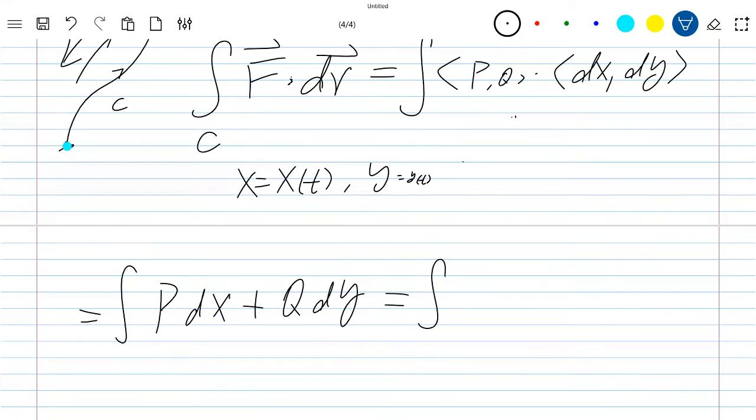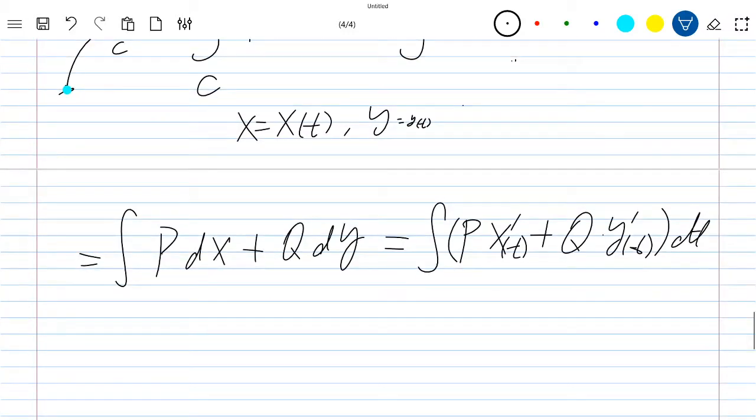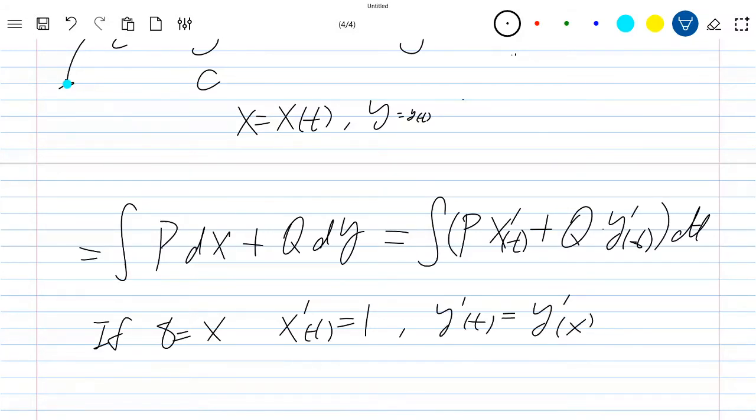You have to change it to P times x'(t) plus Q times y'(t), and then integrate over t, your parameter. In the special case that t is just x, then x'(t) is just 1, and y'(t) is just the derivative of y over x.